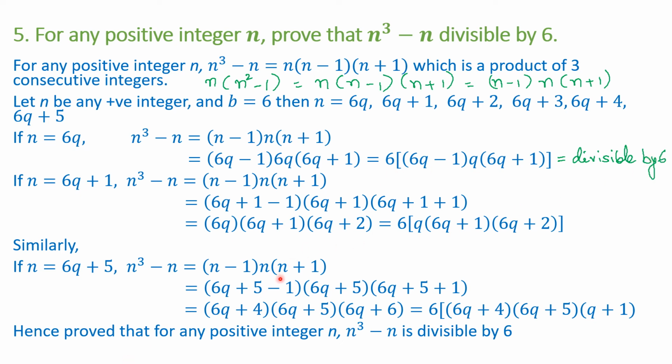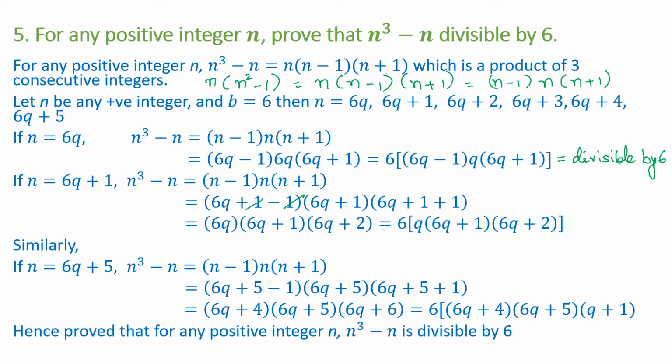That is, this is divisible by 6 because it's a multiple of 6. In the same way, if I take n is equal to the next one, that is 6q plus 1, n cube minus n is going to be n minus 1 into n into n plus 1. So this is going to be (6q plus 1 minus 1) into (6q plus 1) into (6q plus 1 plus 1). So over here, plus 1 and minus 1 get cancelled. I will get only 6q.